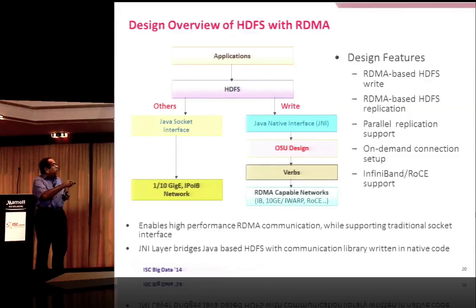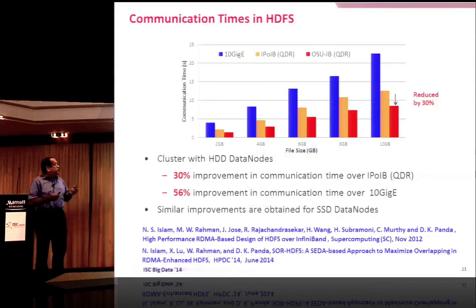In addition to this, we take the write operations and, from the JNI layer, we have done our design, which is written with Verbs. In that way, it can run with any RDMA-based network like InfiniBand, iWARP, or RoCE, and it has RDMA-based HDFS write, RDMA-based HDFS replication, parallel replication, on-demand connection, and InfiniBand and RoCE support. Those are the kind of features we put there.